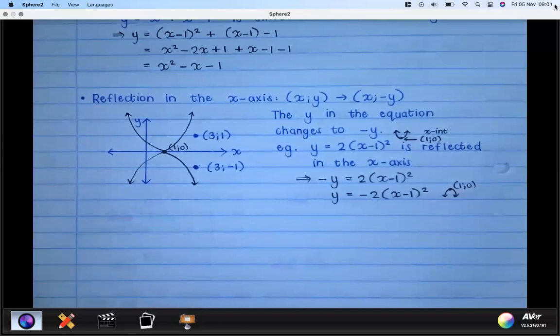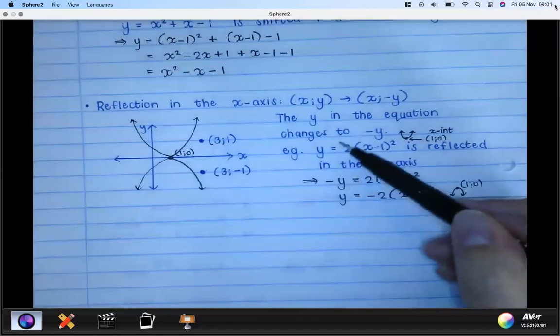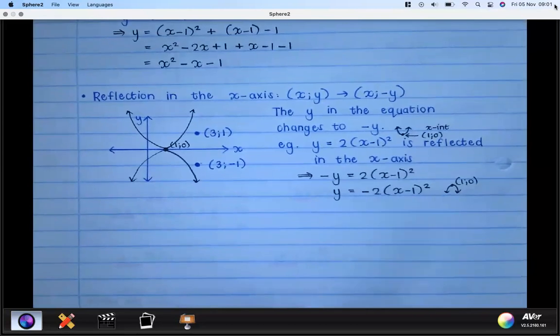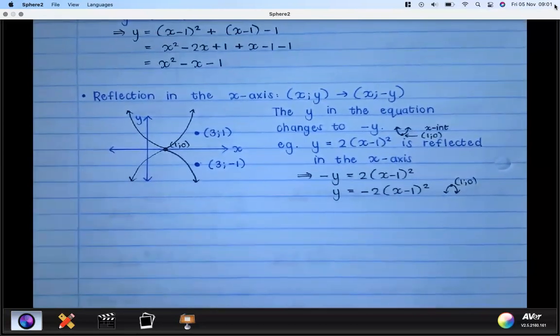It's the same method for all of the graphs. If you reflect a graph in the x-axis, y is going to become negative y, and then you're going to move that negative 1 to the other side. Now, guys, if you had multiple terms, you would have to do that for all of the terms.